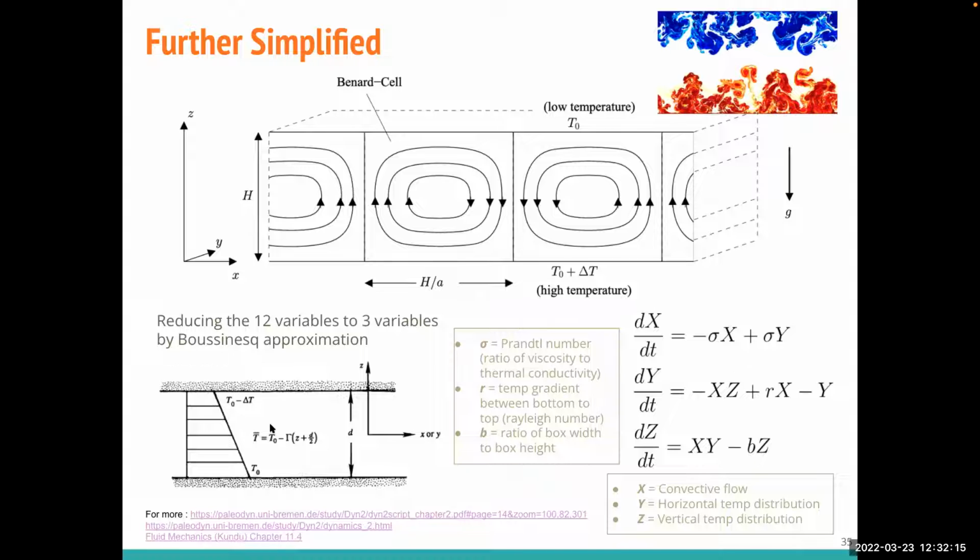Also, if you remember the Boussinesq approximation, we have separated the temperature or a lot of different variables into the vertical distribution, right? The vertical distribution doesn't change over time, and also the prime terms, the bar terms and the prime terms.